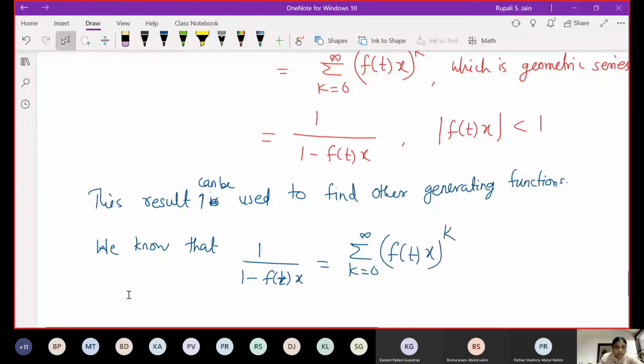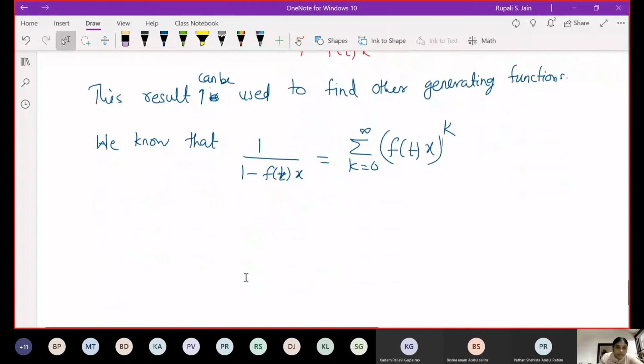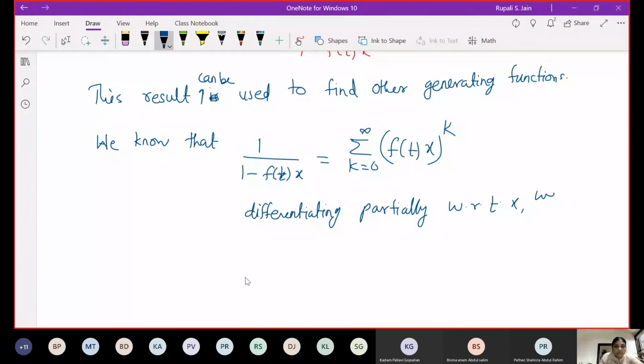We know this relation. Now if I differentiate partially with respect to x, what do we get? ∂/∂x of 1 upon 1 minus f(t)x is equal to ∂/∂x of summation k equal to 0 to infinity of (f(t)x)^k.